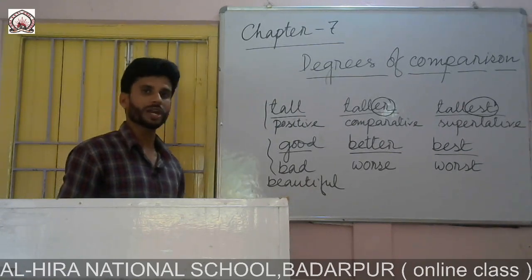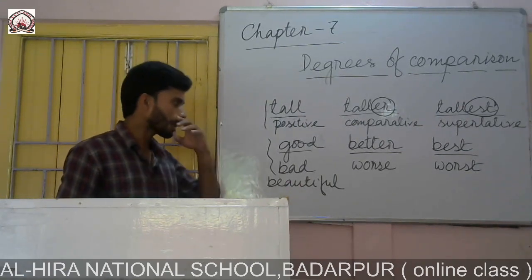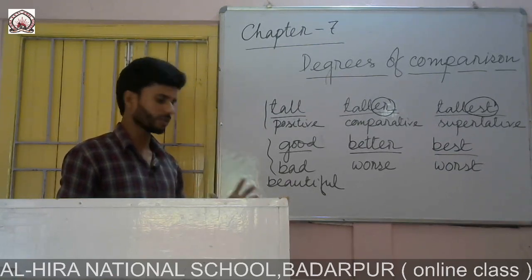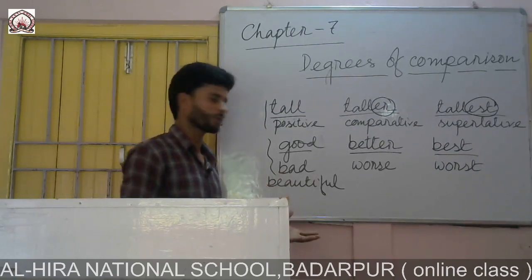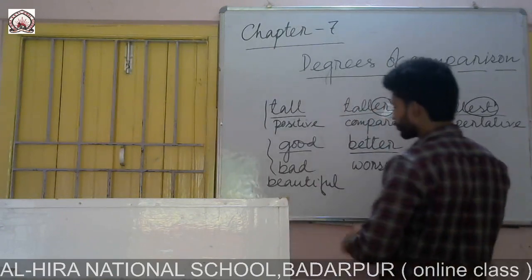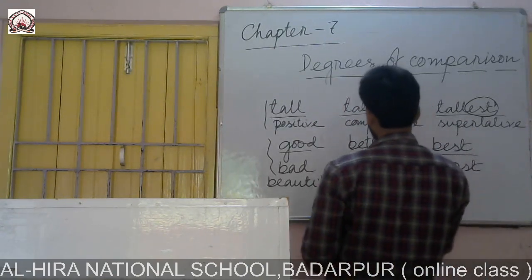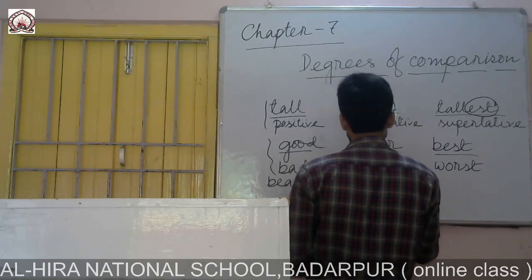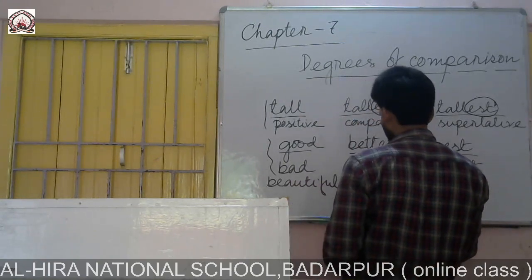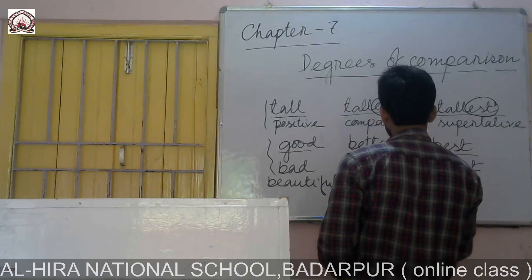To make comparative, in some cases we add more. Like here in this case, beautiful. This is positive, and to make it comparative, we shall have to add more. We shall have to write more before this.